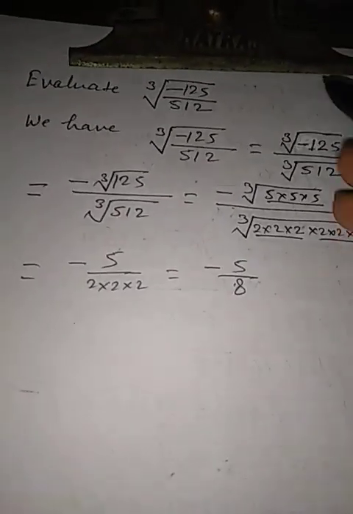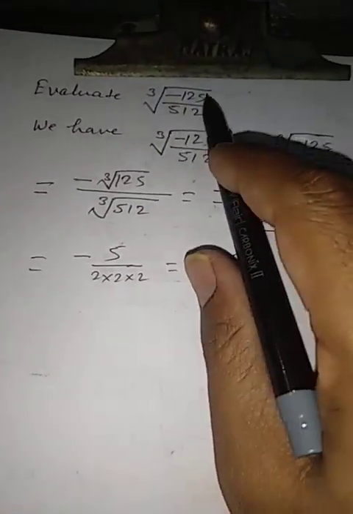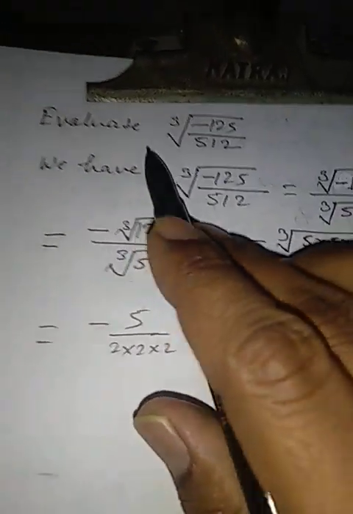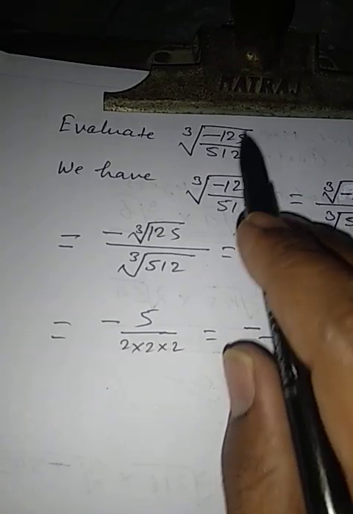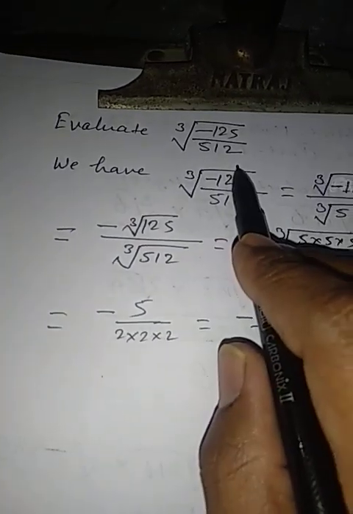Students, now I am taking another example of a negative rational number. Evaluate cube root of minus 125 by 512.